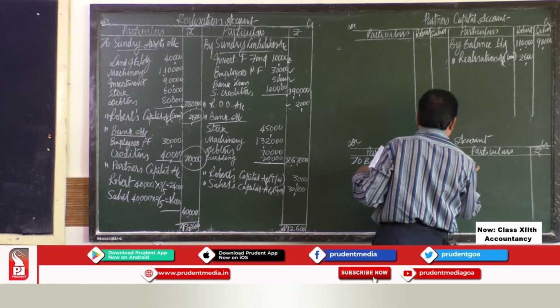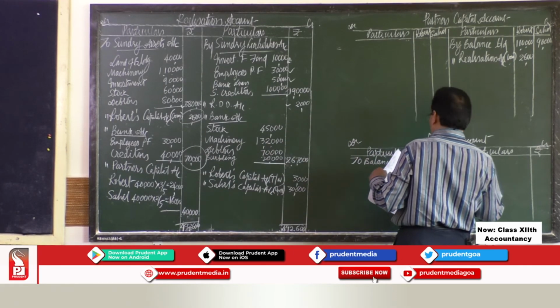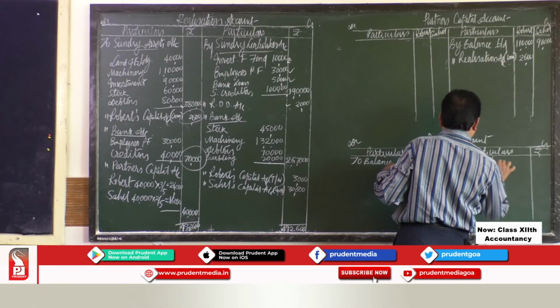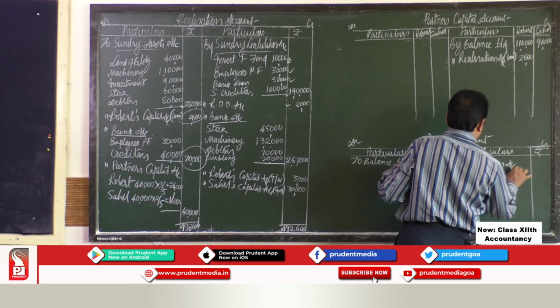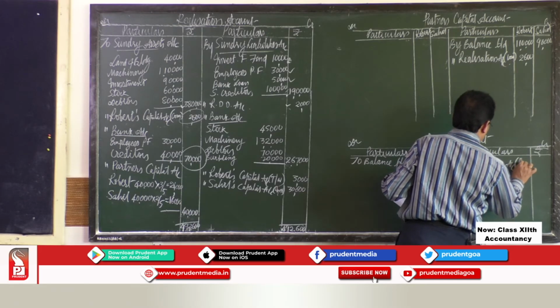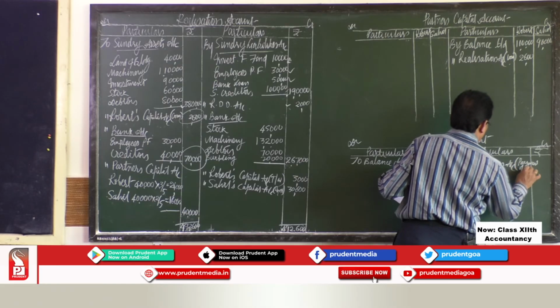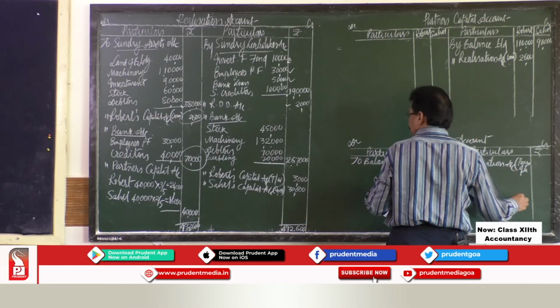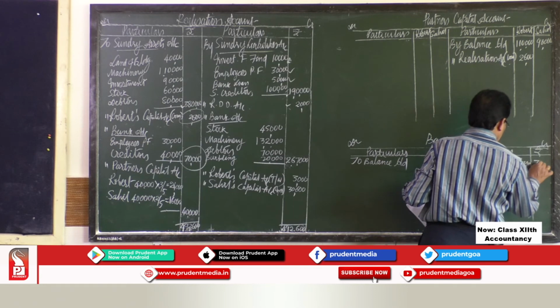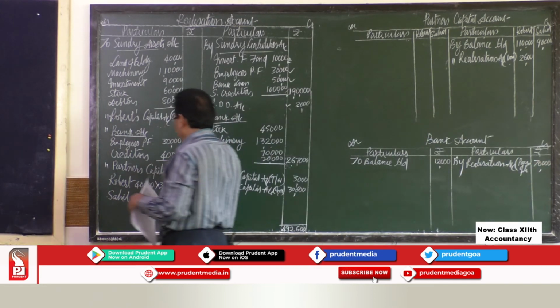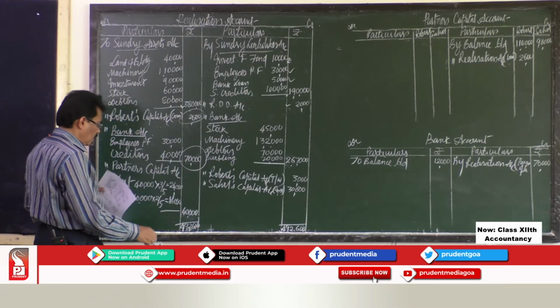So by realization account, this is for payment of liabilities. Payment of liabilities. Liabilities paid is rupees 70,000. So this liability paid is over.